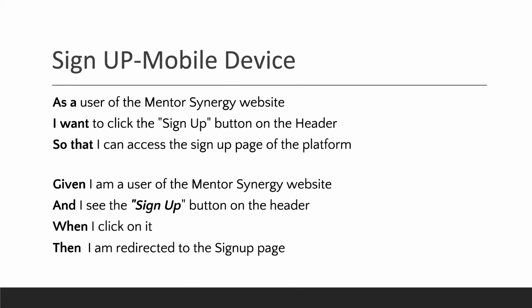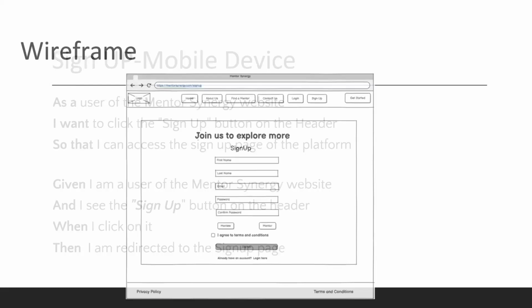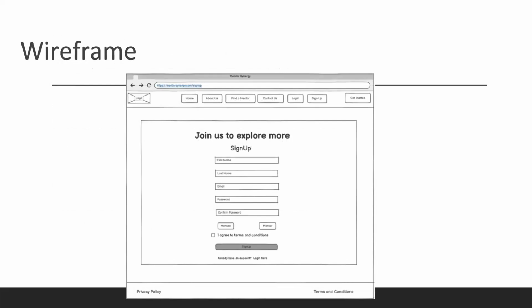I've also highlighted another user story, for the sign up for mobile device, which you can see here. And then on the next slide, we highlighted the wireframe which we have developed for this project.